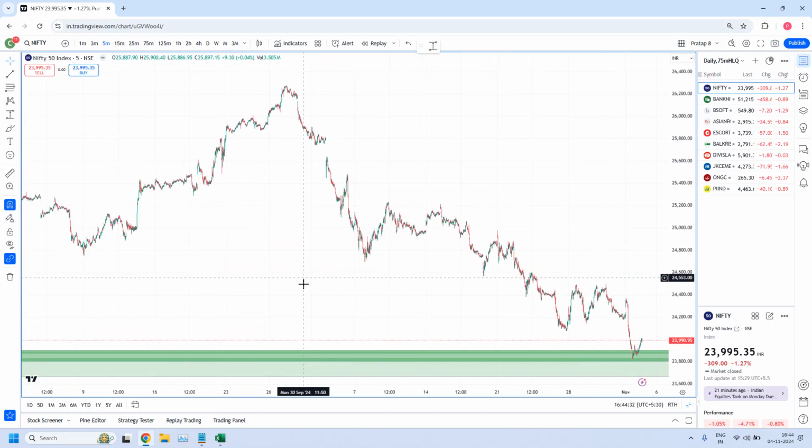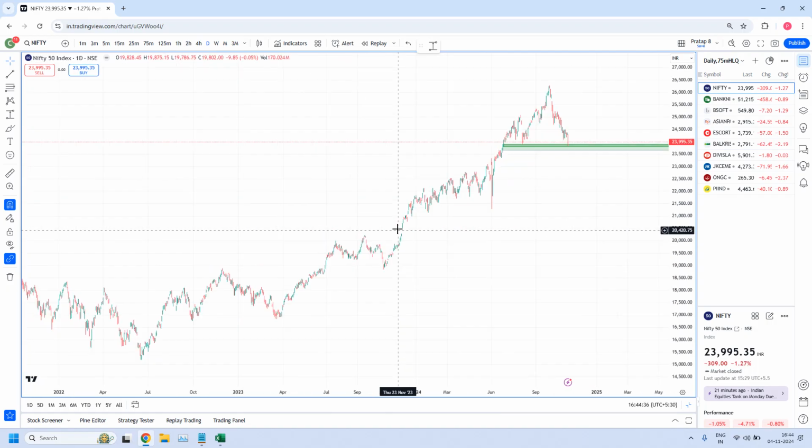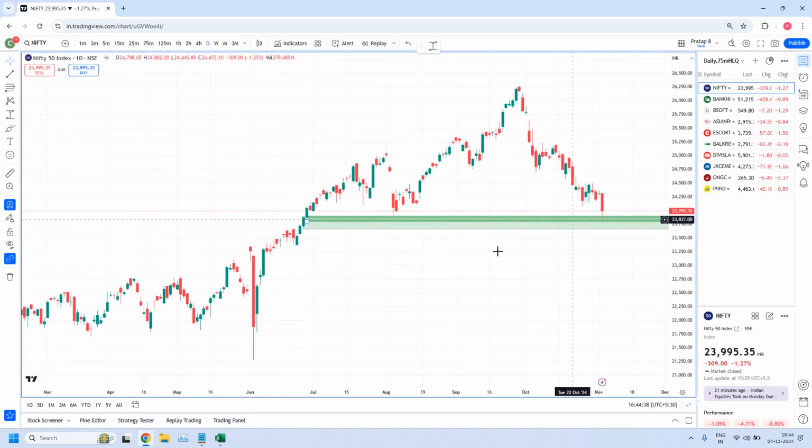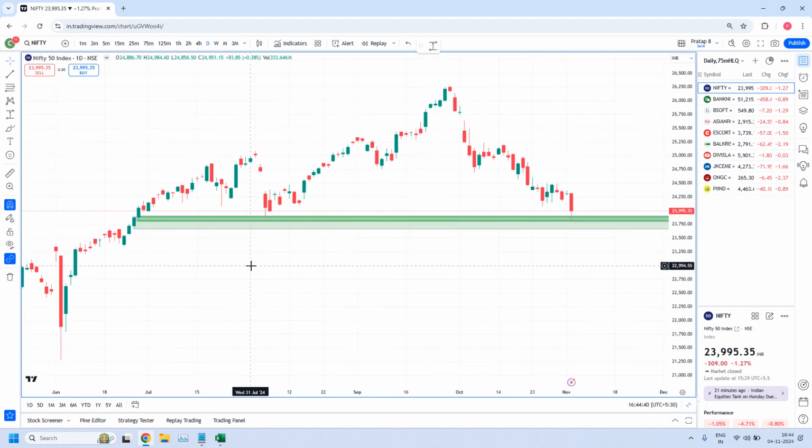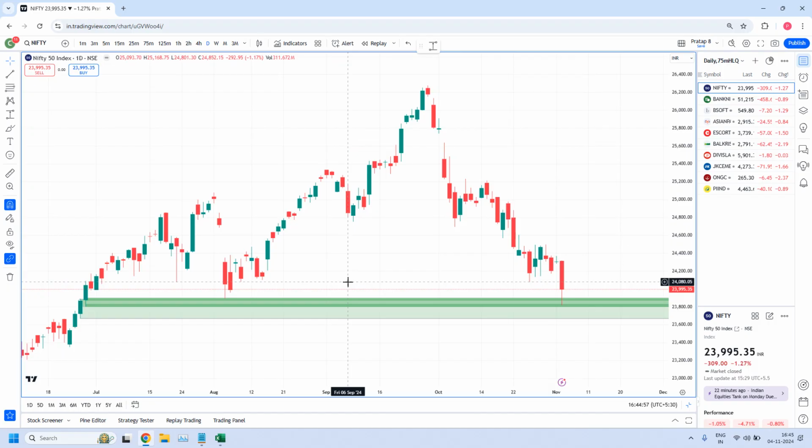Maybe today our software did not identify this as a high liquidity zone. According to the software, as of today, it is a normal demand zone only. Maybe our software also has some limitations in identifying some of the high liquidity zones. But going forward, our software may identify this as a high liquidity zone, though not today.